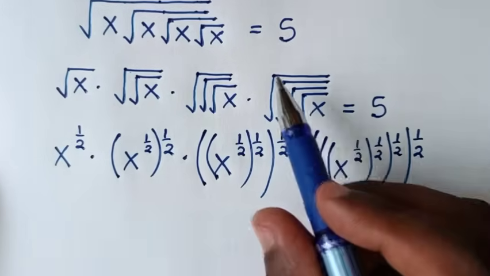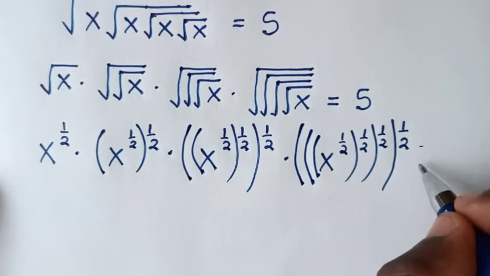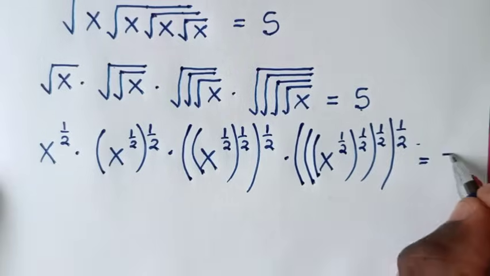Here we have 4 square roots, so we have powers of a half 4, then it is equal to this 5.